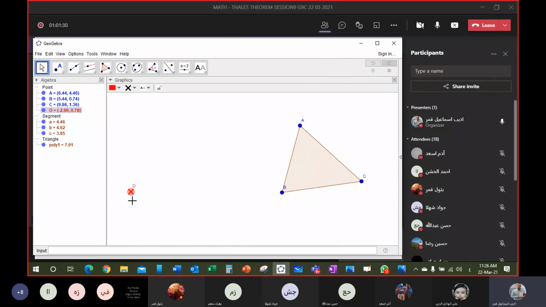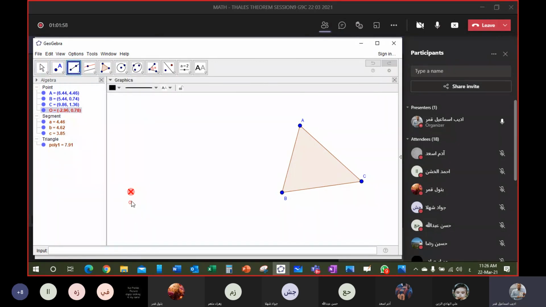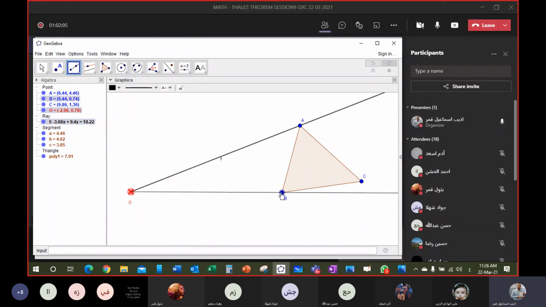Point O is the center of reduction. And point O, you can take it wherever you want. Then we draw the rays OA, OB, and OC. Draw the rays. Ray OA, then ray OB, also the ray OC.